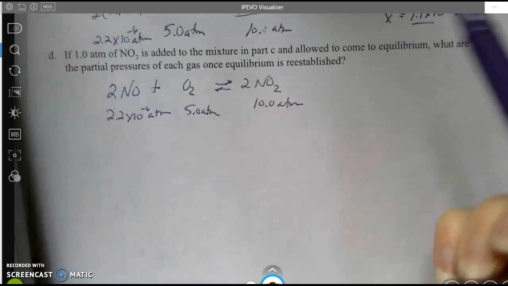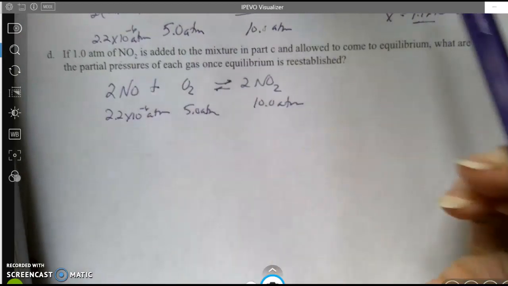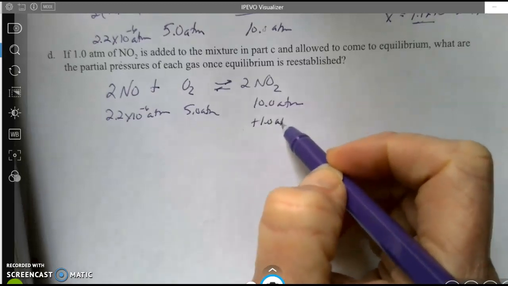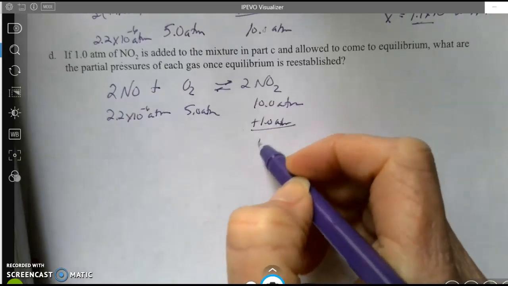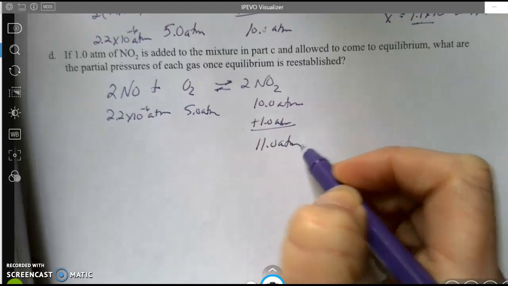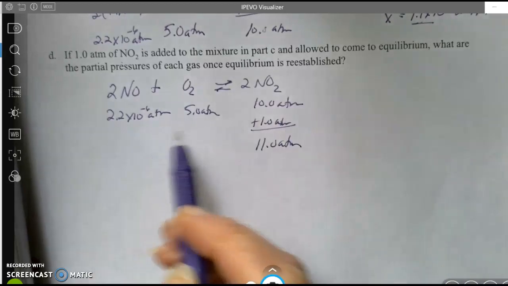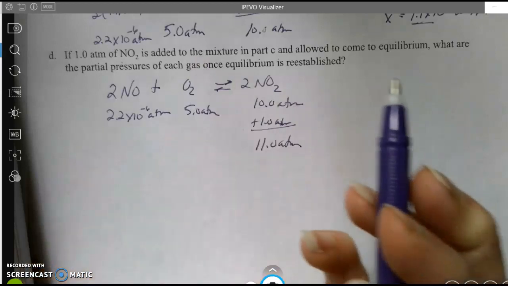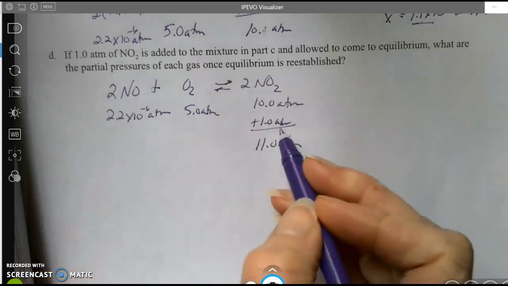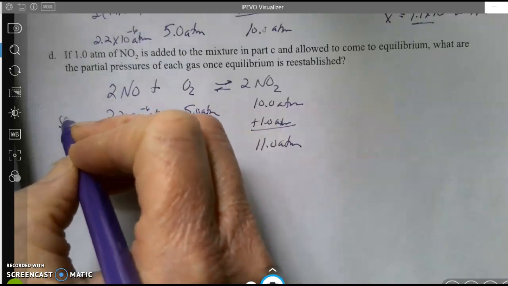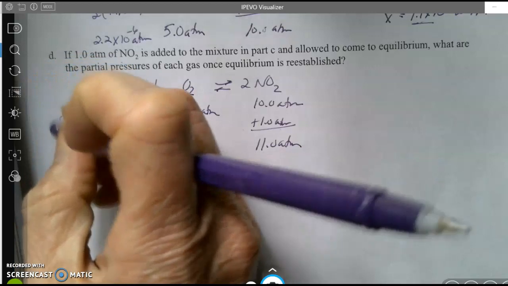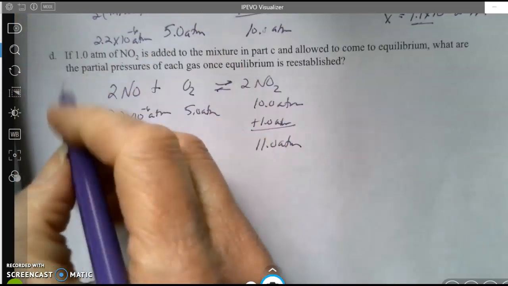Now I'm going to add 1.0 atm of the NO2, so that's going to give me a total of 11 atm. I'm not doing anything to these, so they're just going to come down. In this case, this is my stress. Look at this from a reaction point.